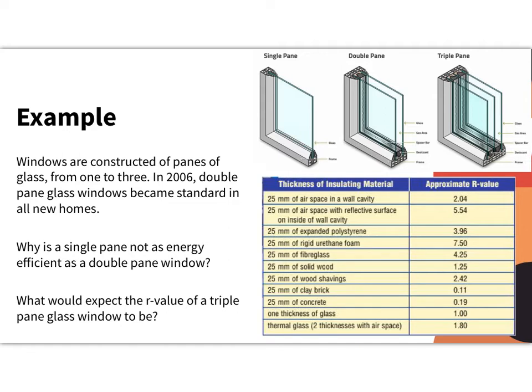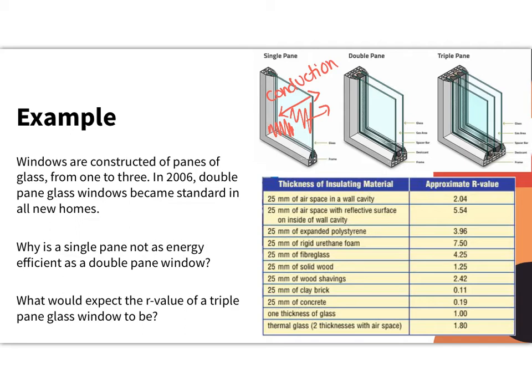All right, so why is a single pane not as energy efficient as a double pane window? Well, in a single pane window, energy can be transferred directly through the glass. Okay, so we have to use just conduction. The warm air inside our house heats the glass up, which can then pass to the air outside.